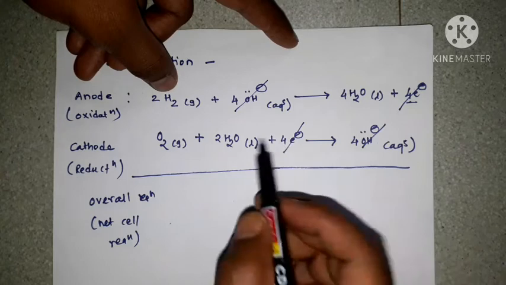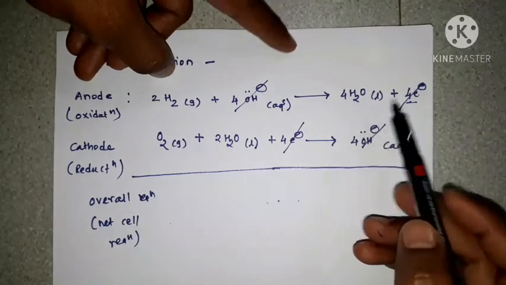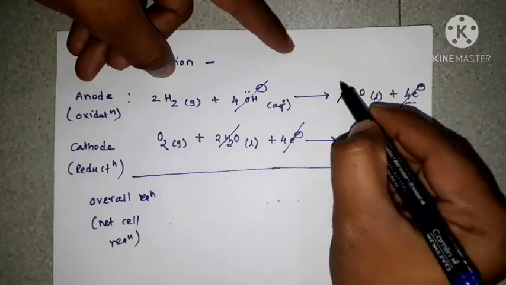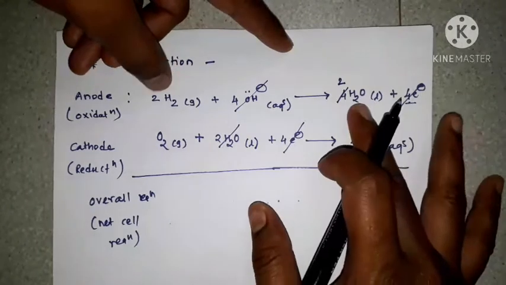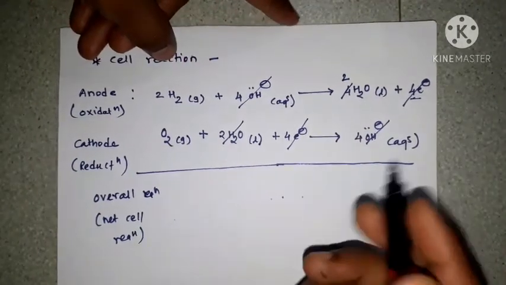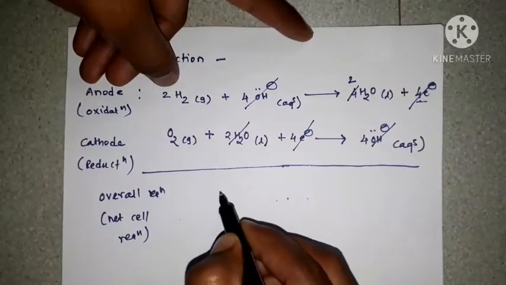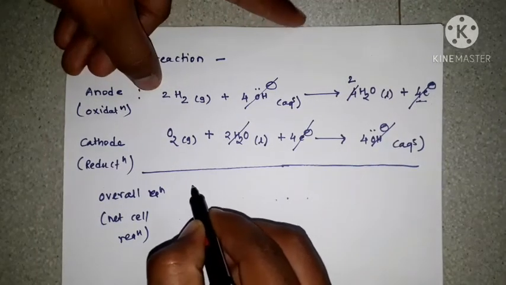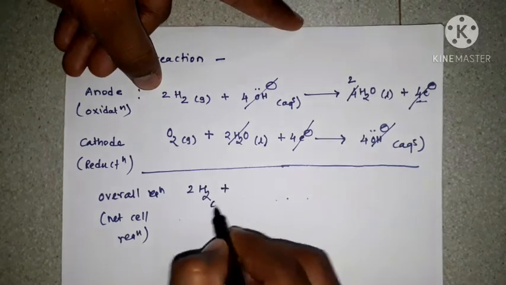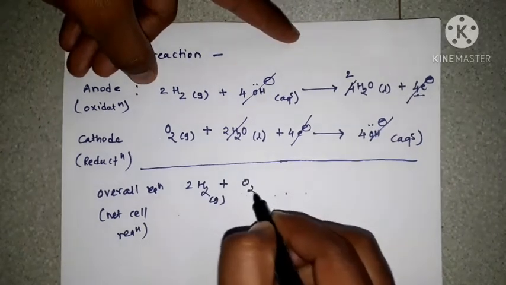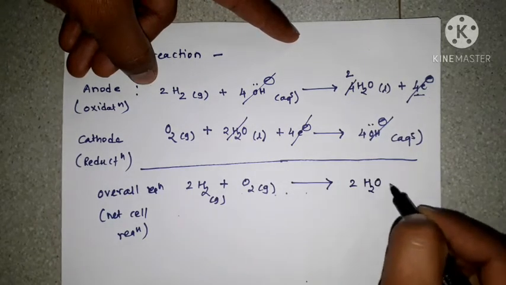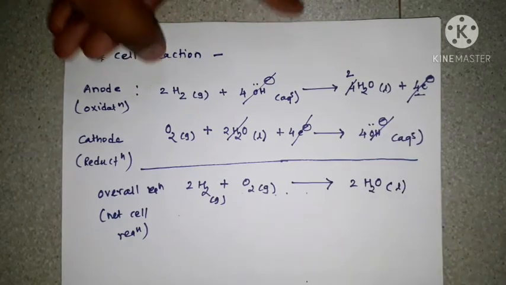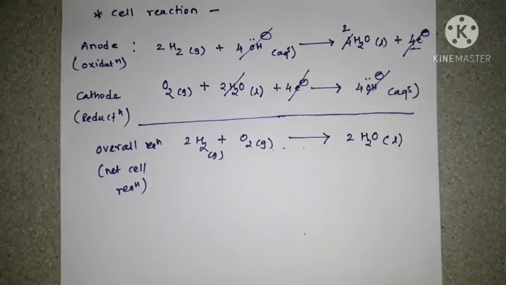And here 2H2O and here 4H2O, 2H2O and 2H2O get cancelled, and 2H2O remains at the right side. So what is the remaining part in the overall cell reaction? 2H2 gas plus O2 gas, and at the right side 2H2O is your product. So this is your overall reaction of the hydrogen oxygen fuel cell.